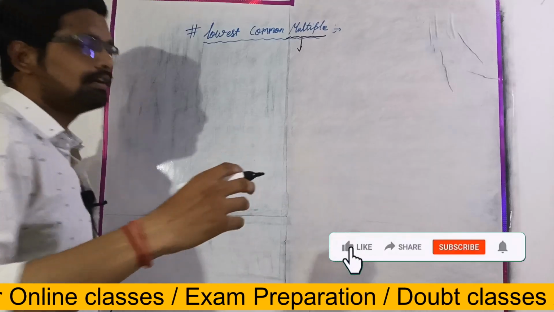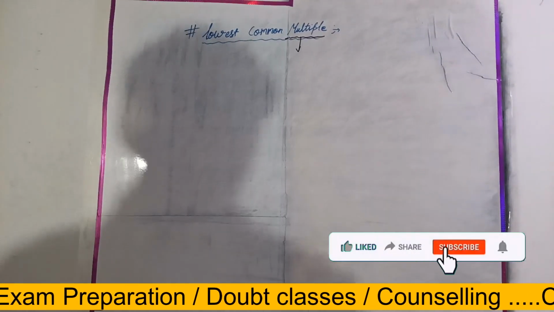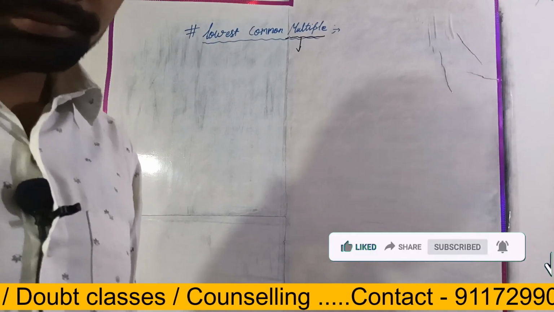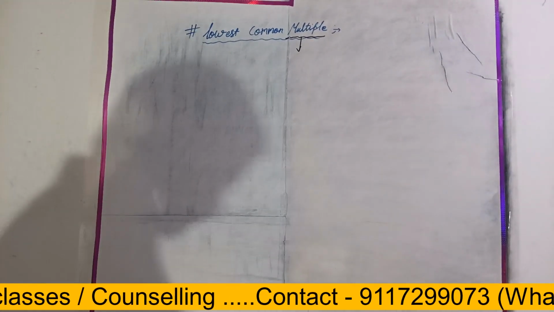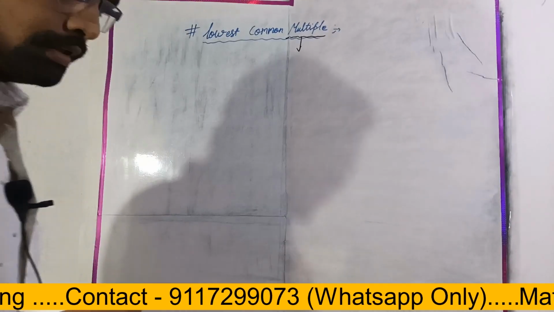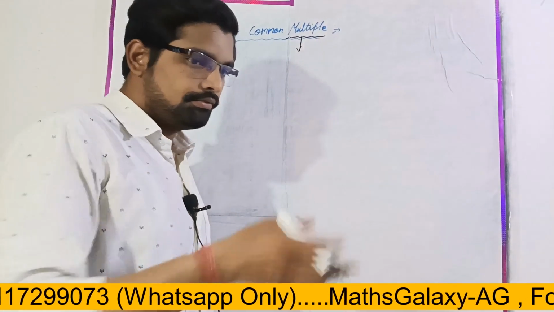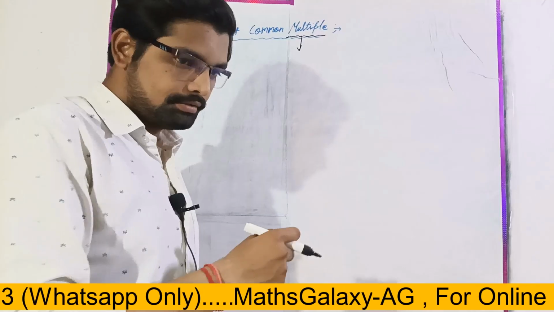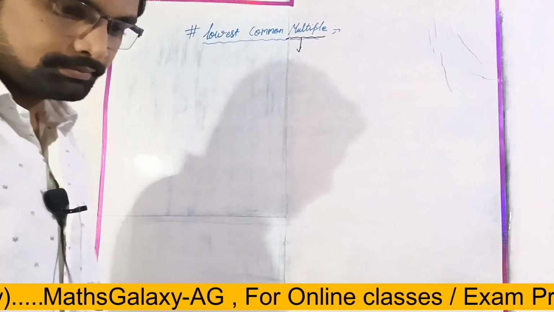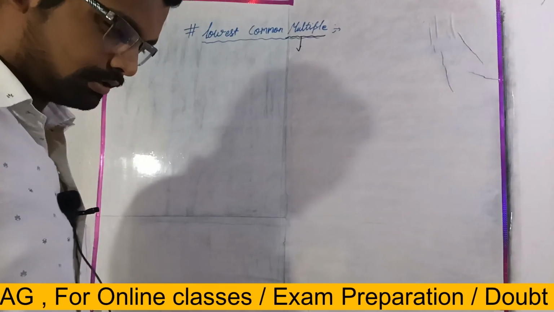What do you mean by the word multiple? Multiple is a number which, when we multiply a natural number with a number, gives a bigger number. Sorry, I didn't understand.